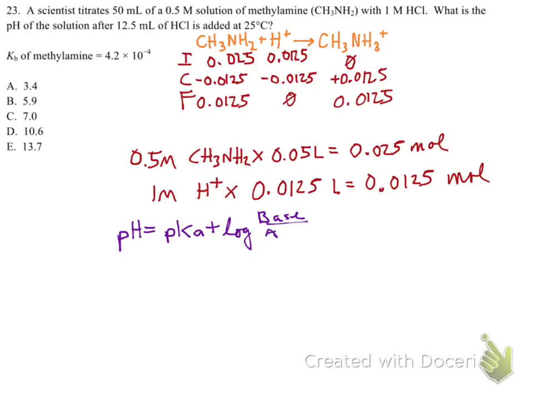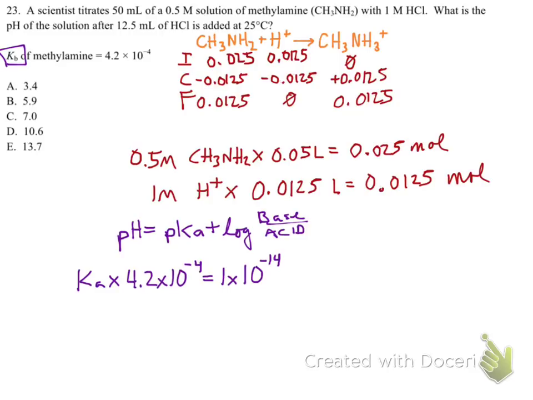It can be in any units, as long as they're the same. And just note, here we're given a Kb. So the easiest way to go about this will be to just solve for Ka first. So I'm going to use Ka times the Kb that we were given, 4.2 times 10 to the negative fourth, is equal to Kw, which at 25 degrees Celsius is 1 times 10 to the negative 14th.